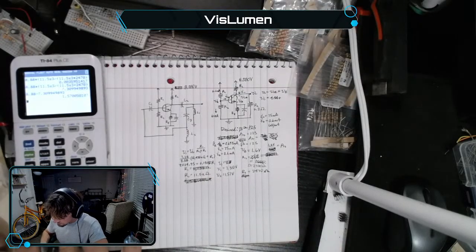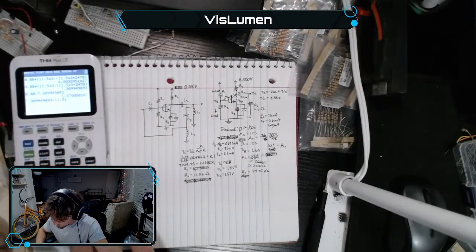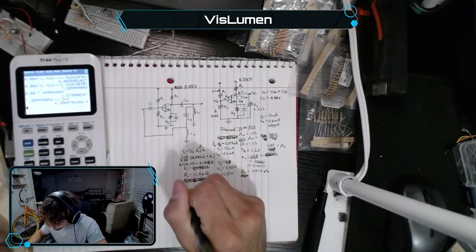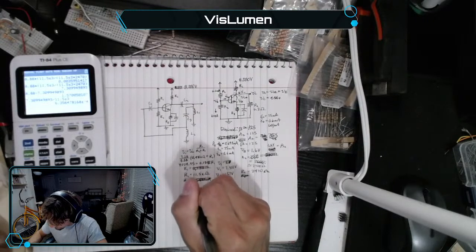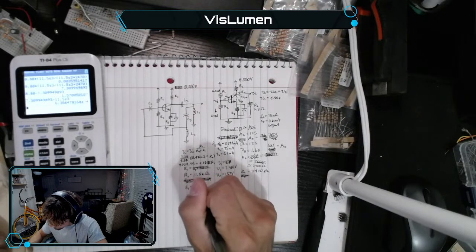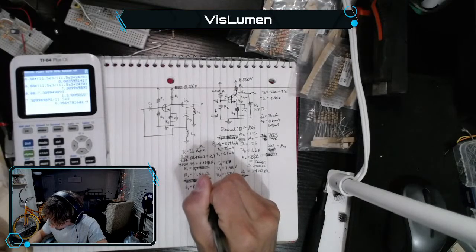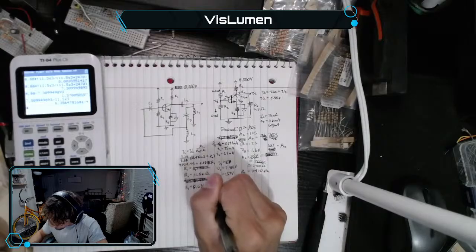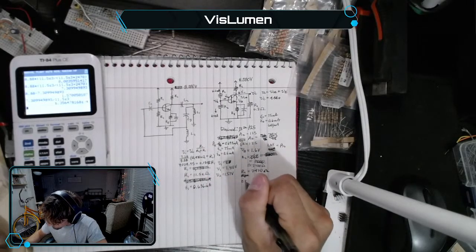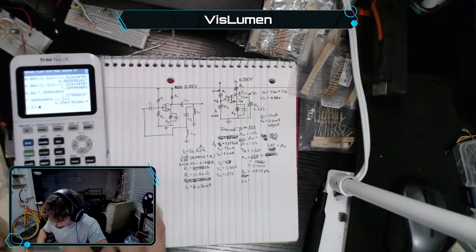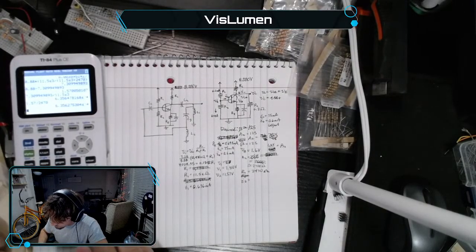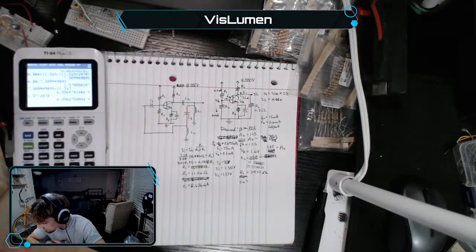There, so now 7.3 divided by 11.5 kilo ohms, so I1 equals 0.636 milliamps. I2 equals 1.57 divided by 2,470. And it's the same number.